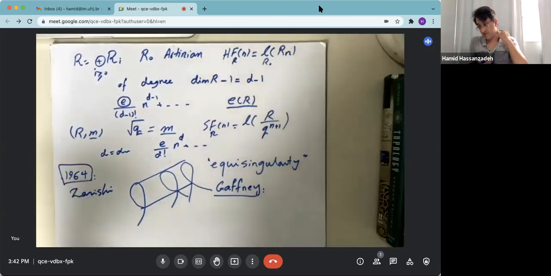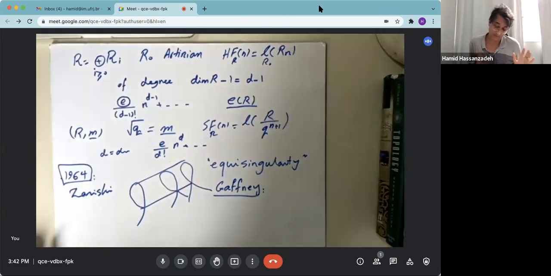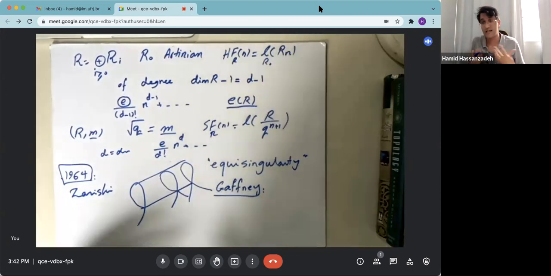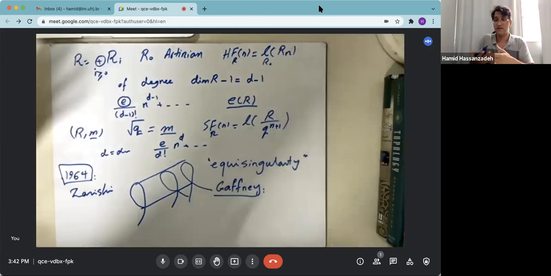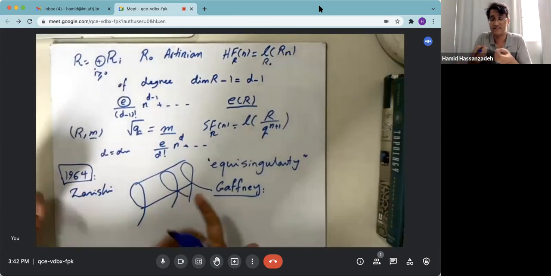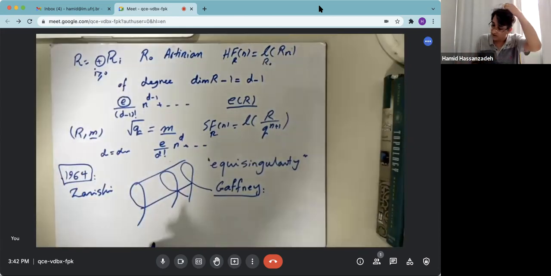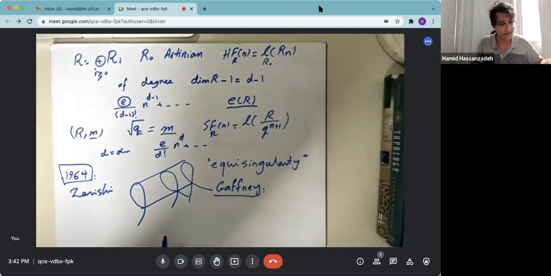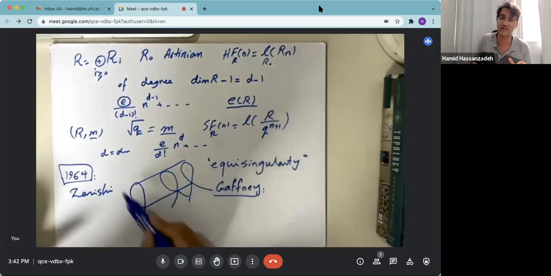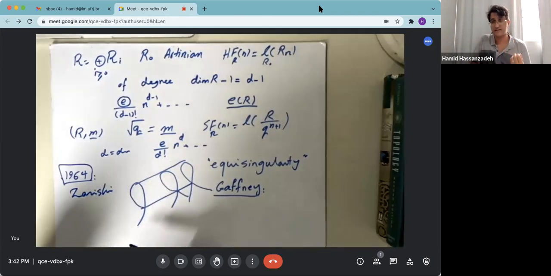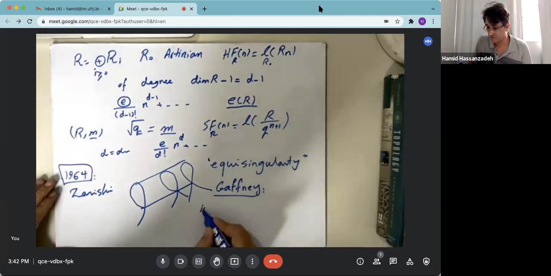But Gaffney has a significant contribution in my opinion. He had a very deep understanding of the theories that Rees and other algebraists established for this theory, and especially he understood that to understand equisingularity, one needs a theory of integral closure of modules.